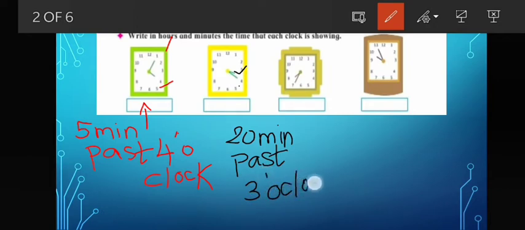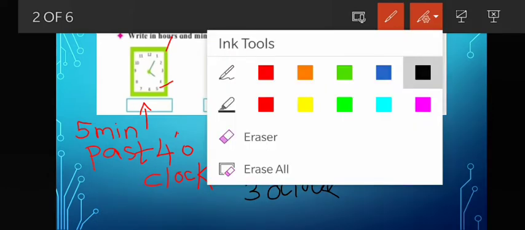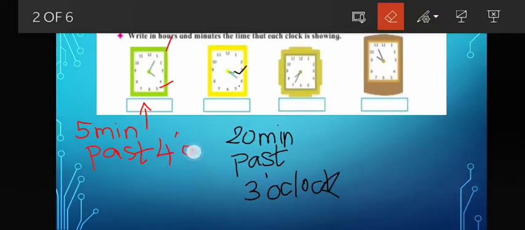Okay, 20 minutes past 3. No need to write clock, just write 20 minutes past 3.